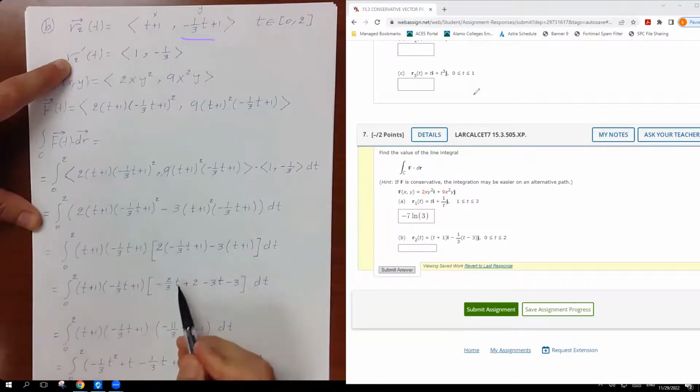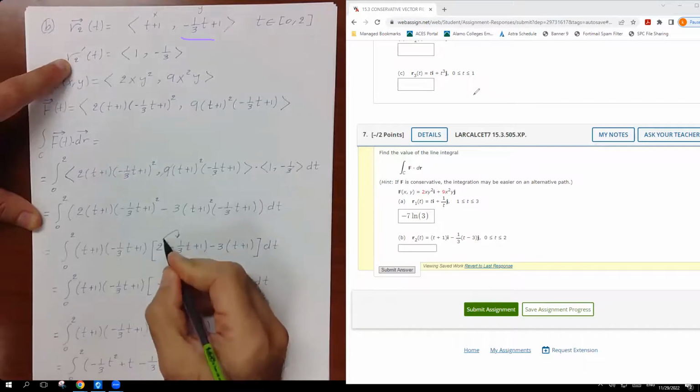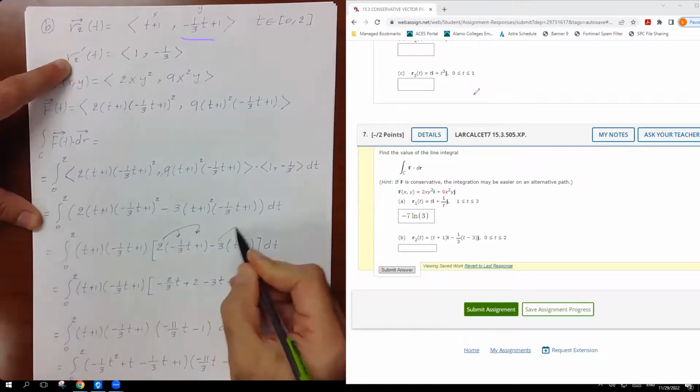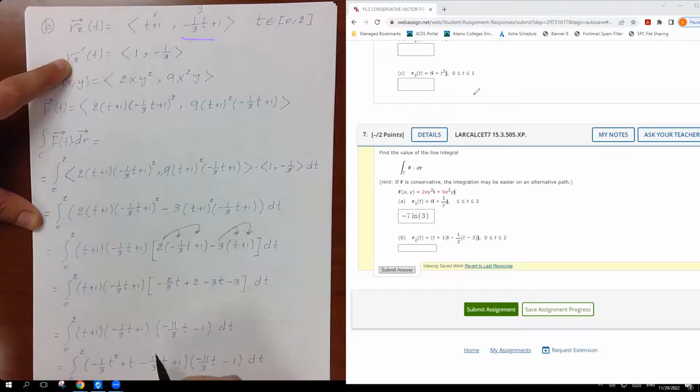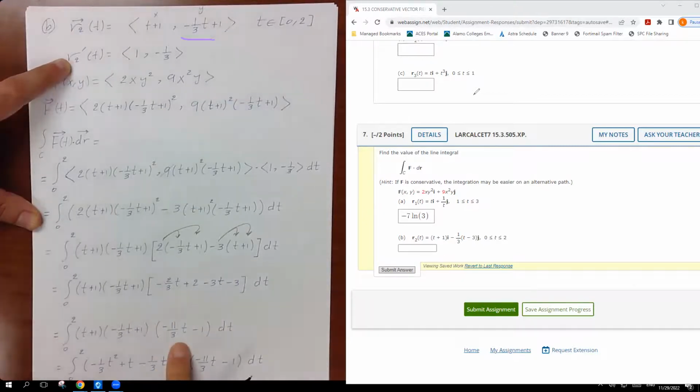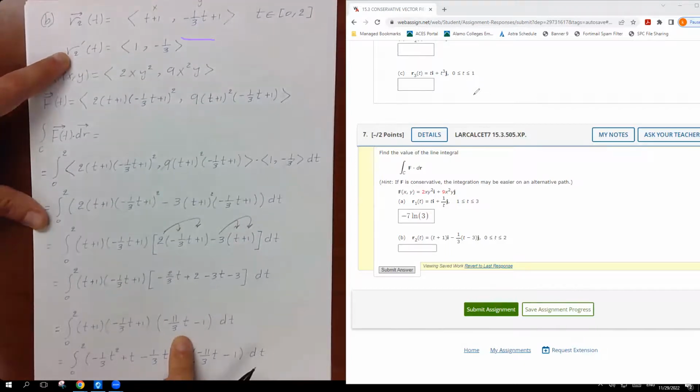Now distribute 2 and distribute negative 3. So here we're going to get this one, combine the like terms, we get this part. Now next step, I'm going to distribute these two parentheses. So it's going to be negative 1/3 T squared plus T minus 1/3 T plus 1.